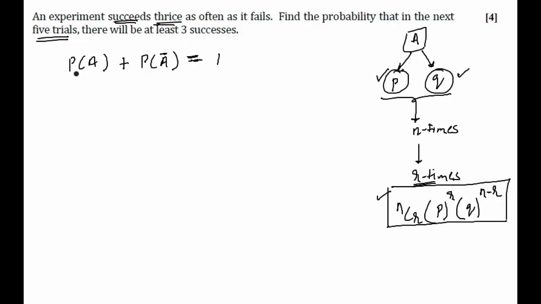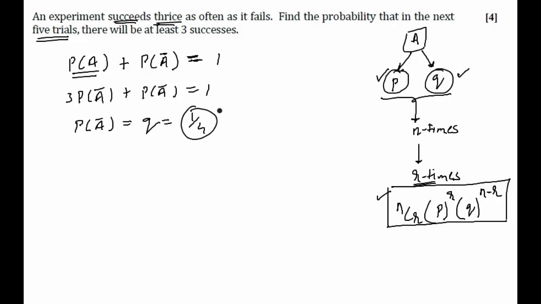But P(A) is already 3 times P(A bar), which means the probability of failure, which I am calling Q, will become 1 by 4. And using this equation, we get the value of P, the probability of success, as 3 by 4. So we have these two values with us, the value of Q and the value of P.